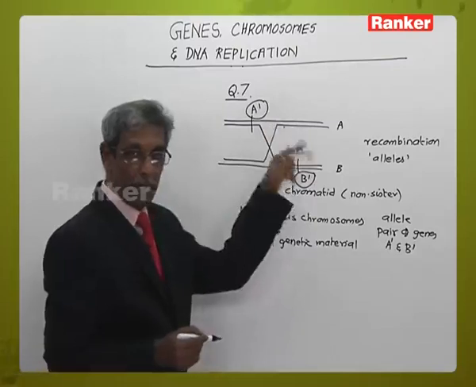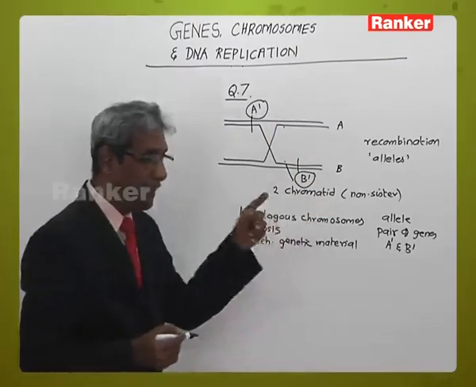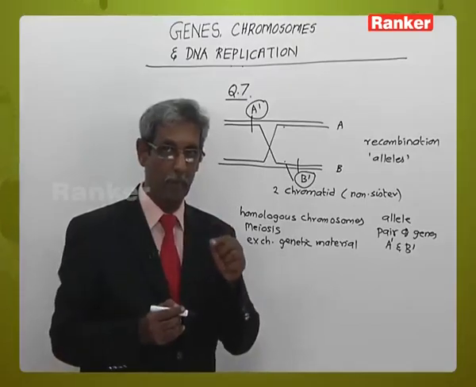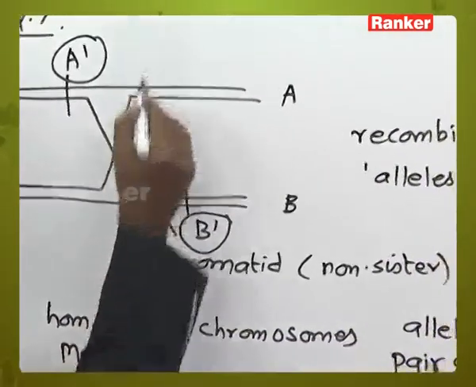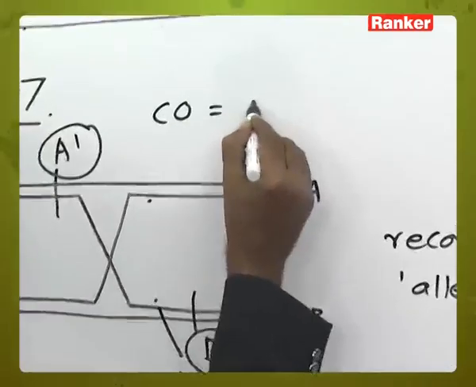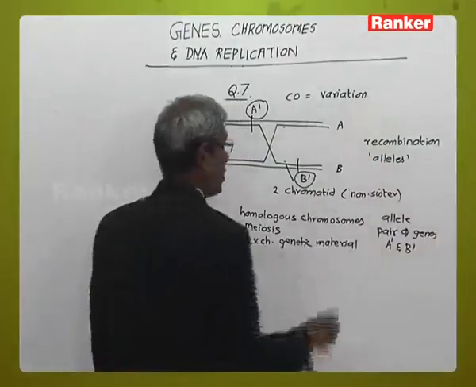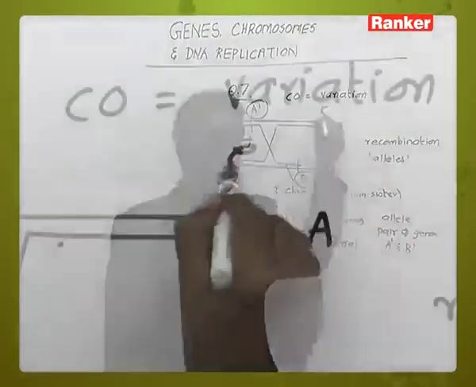So there is a recombination. Recombination of alleles is the most important objective, or the ultimate function, of crossing over, because crossing over is the basis for variation and also the basis for evolution of crop plants.